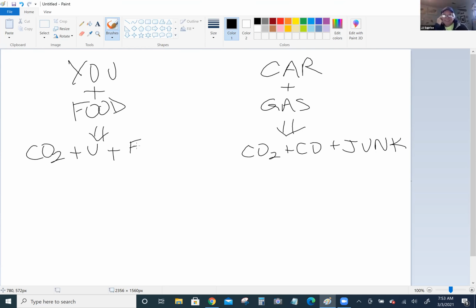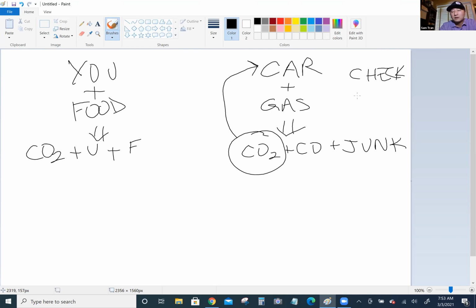Okay, so if you take a pipe from the tailpipe of your car and feed it into the air intake, CO2, how would your car run? Not very well. Your check engine light would come on, right? Okay, so if you took CO2 here and you breathed CO2, how long would you live?